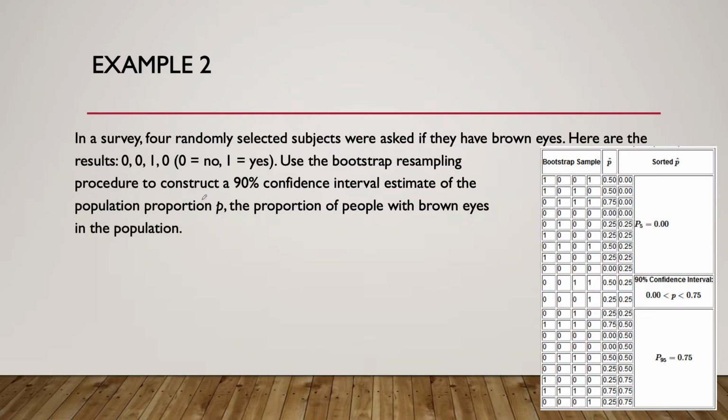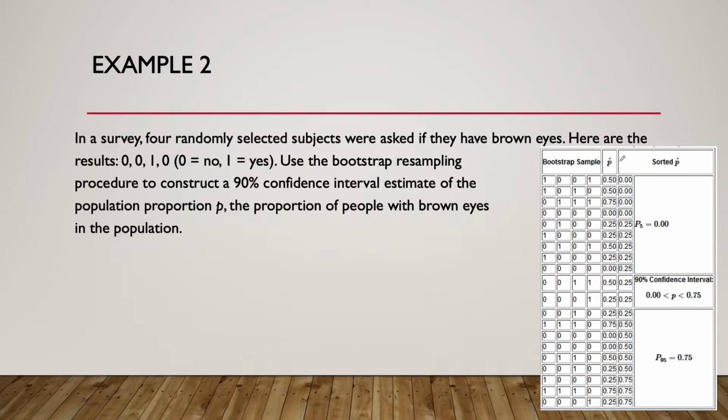So for example, in a survey, 4 randomly selected subjects were asked if they have brown eyes. Here are the results: 0, 0, 1, 0, with 0 being no and 1 being yes. We would use the bootstrap resampling procedure to construct a 90% confidence interval estimate of the population proportion p, the proportion of people with brown eyes in the population. We obtain those 20 samples.